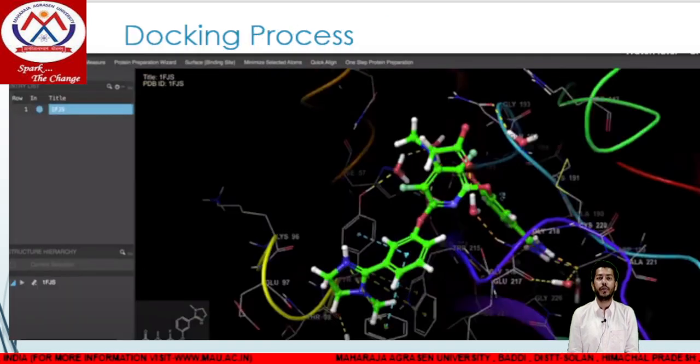Next is the docking process. Under the docking process, we hit the dock, and through refining we find out what our ligand is going to attach with: its receptor. We can easily say the drug is bound with its receptor.